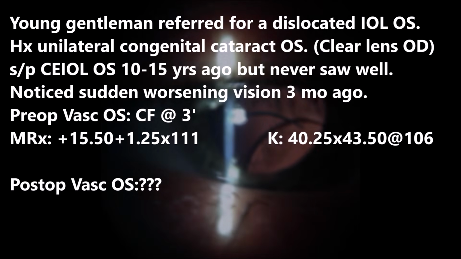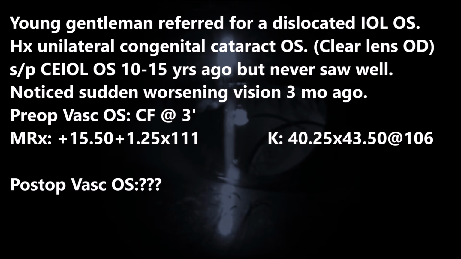So again, this patient's a young man referred for a dislocated IOL in the left eye, history of congenital cataract. The other eye is phakic and clear. Patient underwent cataract surgery about 10 to 15 years ago, but had poor vision, I suspect maybe due to amblyopia. But about 3 months ago, noticed a sudden loss of vision in the left eye.